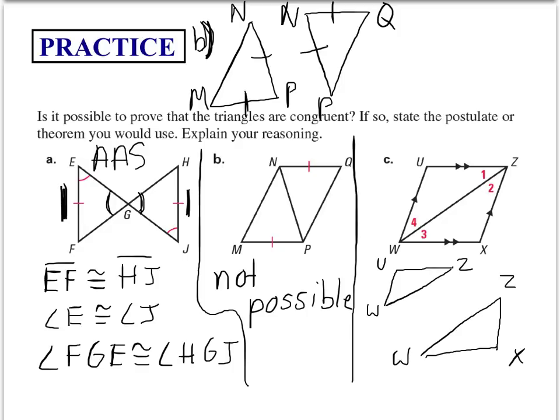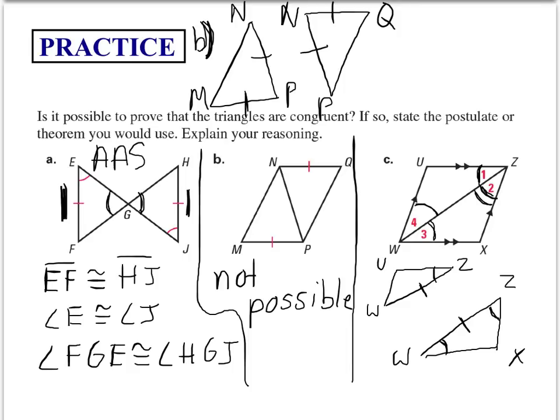Okay, so the first thing we can identify here is that side WZ is going to be congruent to WZ. Now, since these lines are parallel, there's a few things that we know here. We know that angle 3 is going to be congruent to angle 1 because of alternate interior angles. So I'll highlight that here and say those two are congruent. But we also know that 2 needs to be congruent to 4 for the same reason, alternate interior angles.